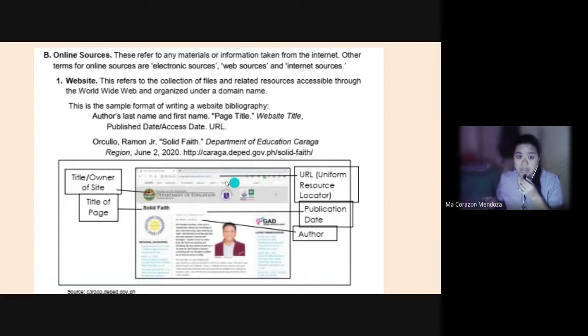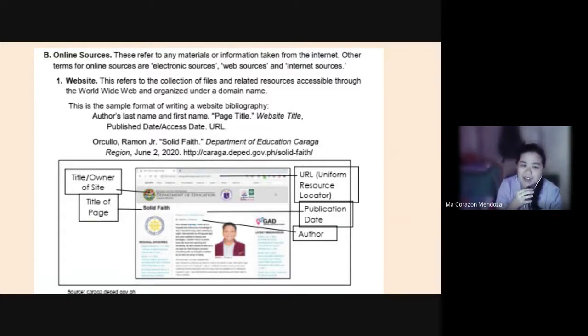So this is the address bar and for the URL you will just copy and paste it. Next, we have the title or owner of site, which is the Department of Education, Caraga region. This is also found in your module. Okay, if you cannot see this example on the screen, of course, it's in your module, so just look at it. Next, title of page, which is Solid Faith. The publication date, it's here. It's small, but it's there, okay?